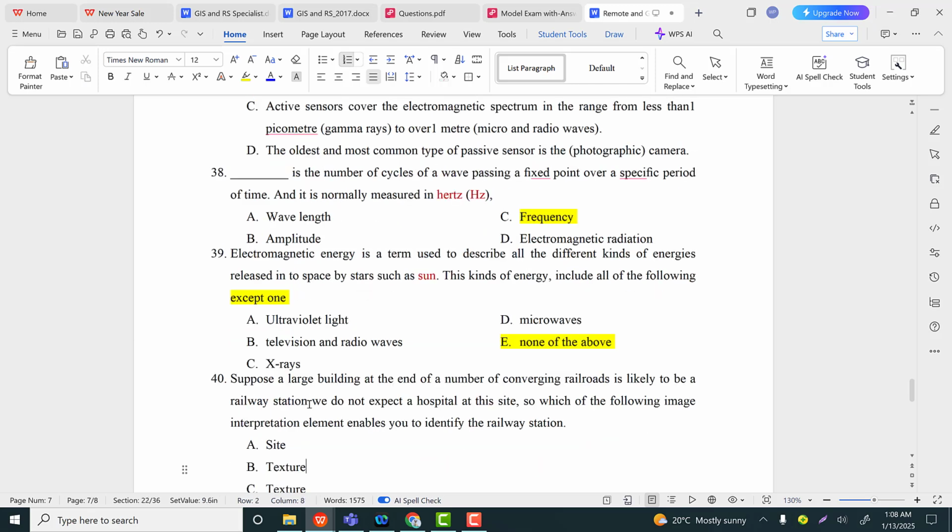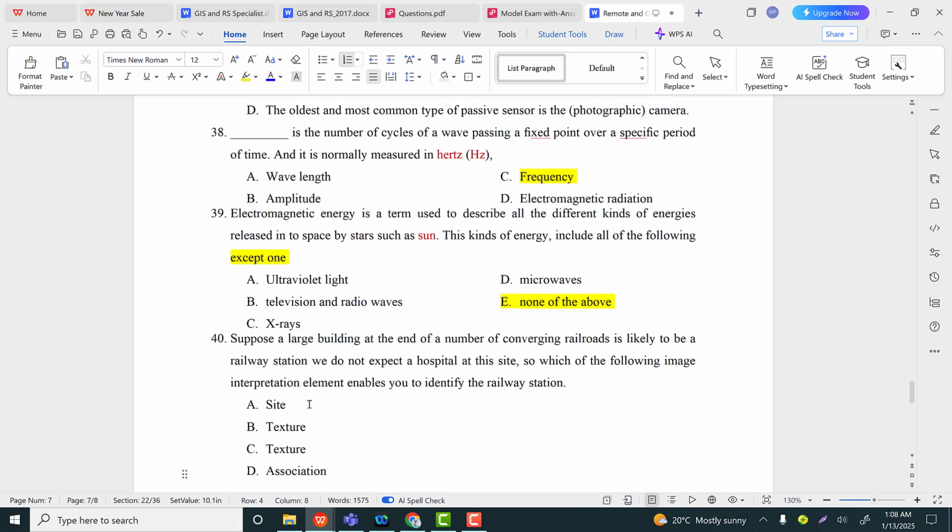Question number 40. Suppose a large building at the end of a number of converging railroad tracks is likely to be a railway station. We do not expect a hospital at this site. So which of the following image interpretation elements enables you to identify a railway station?